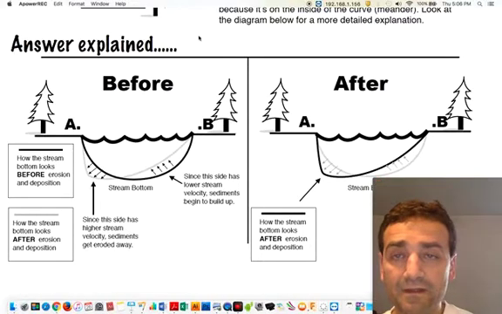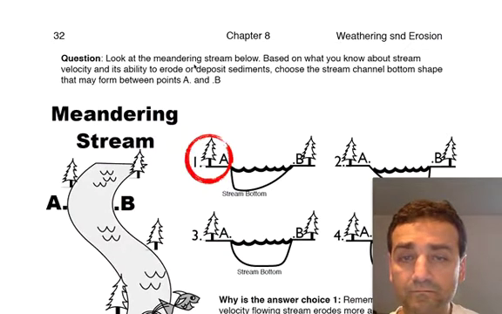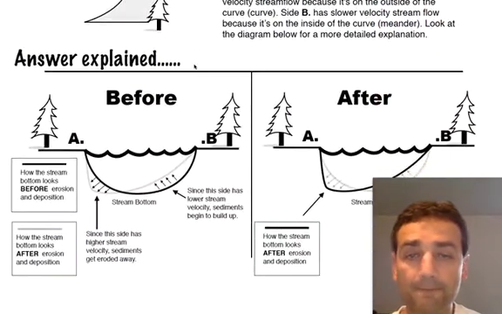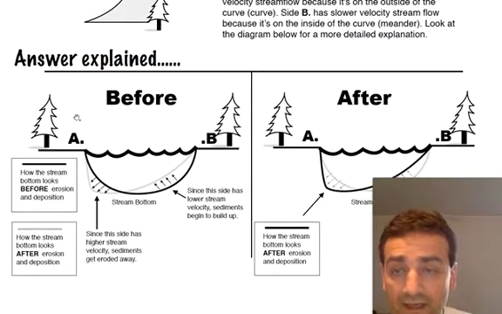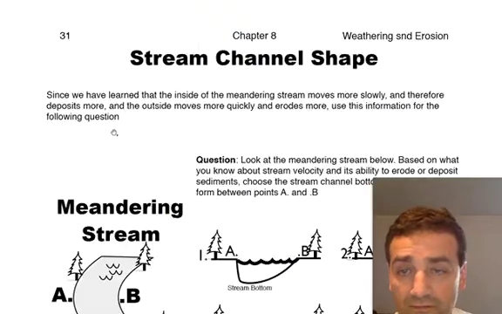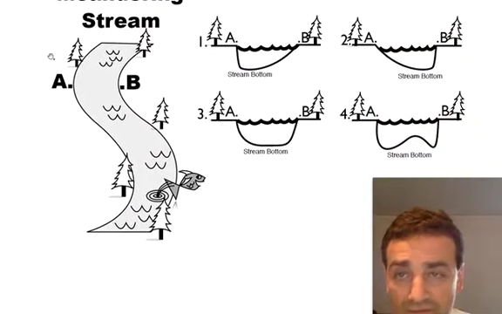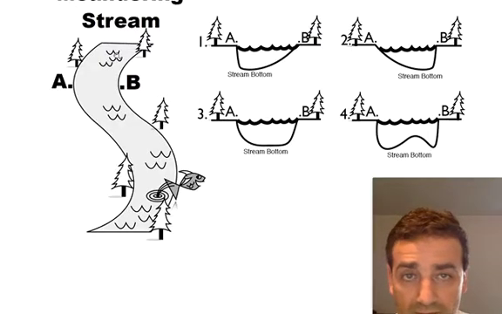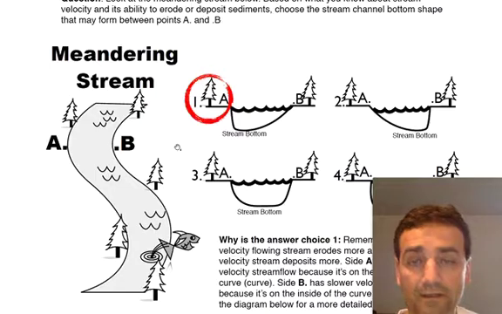Okay. So here we are. There we go. All right. So points A and B. A is on the left, B is on the right. Okay. So if we look over here, A is on the left, B is on the right. And these are the trees right there that I put so you can understand where we're looking.